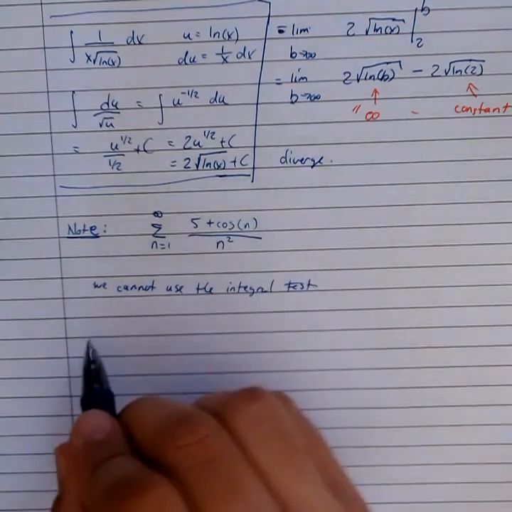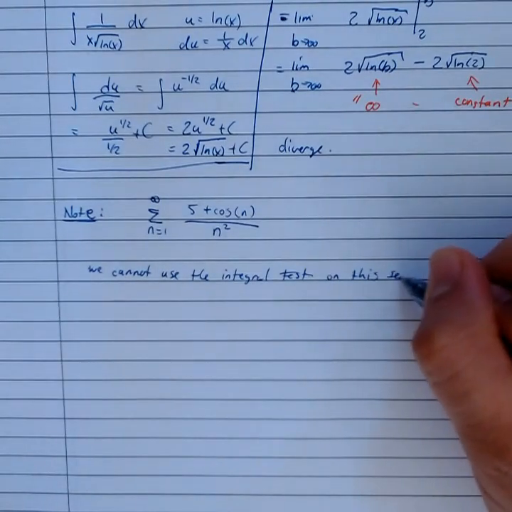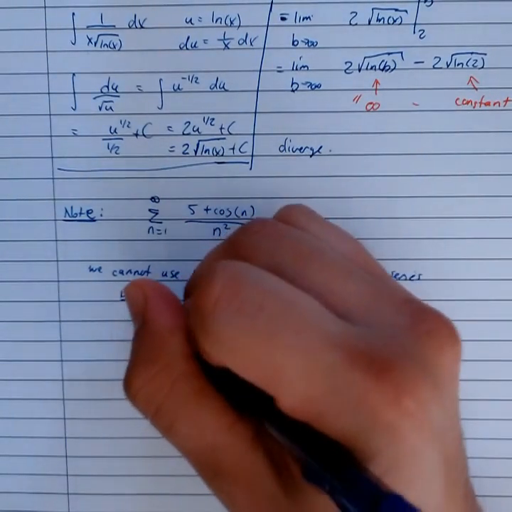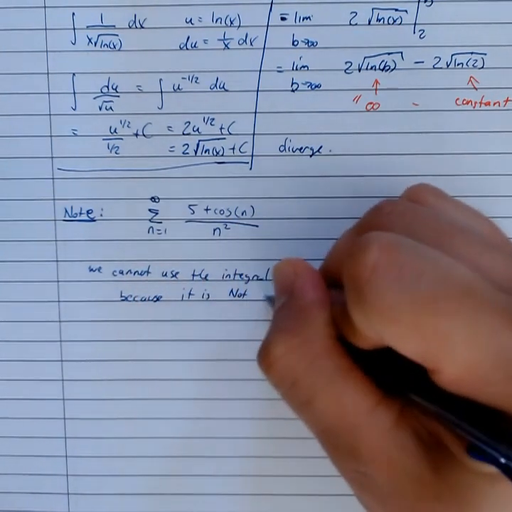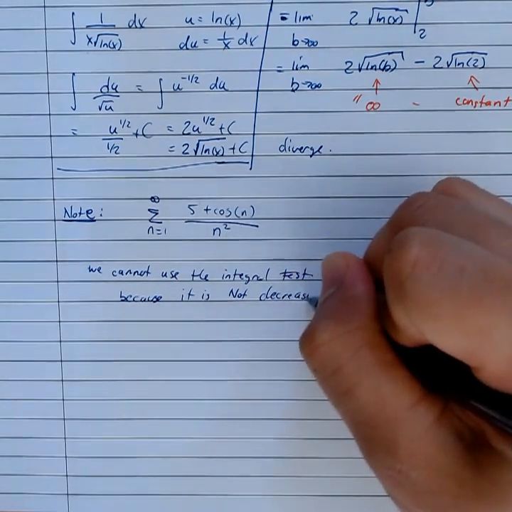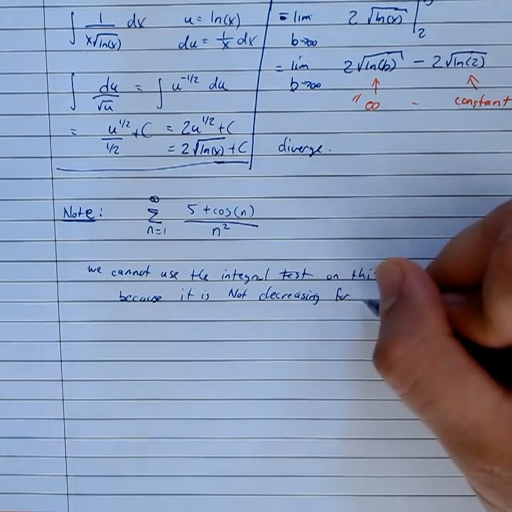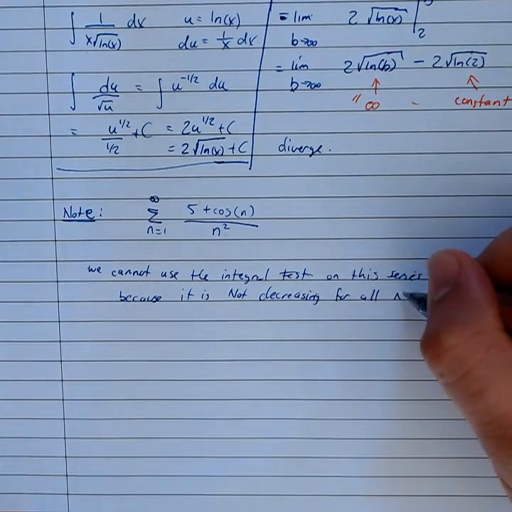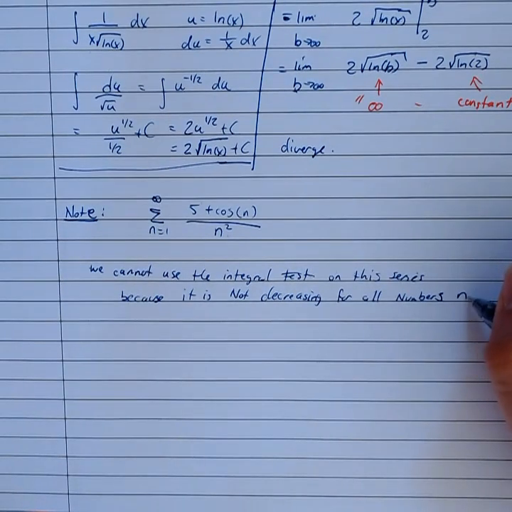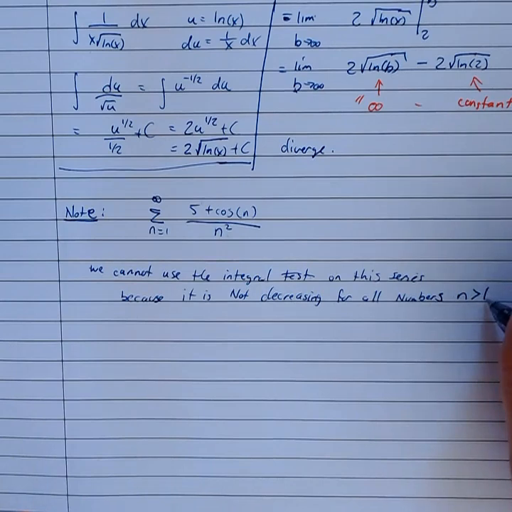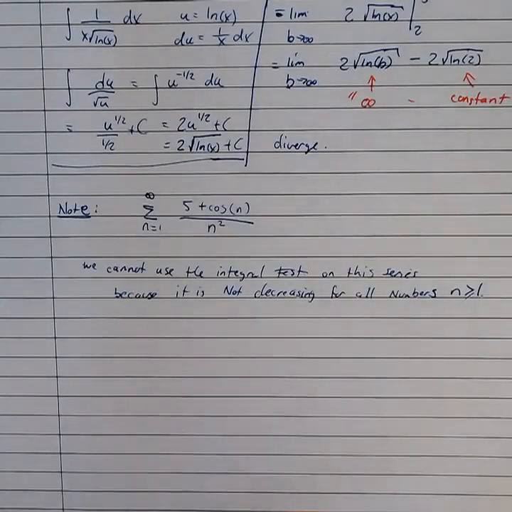So here, we cannot use the integral test on this series because it is not decreasing. At least not for every number n that are greater than 1. It oscillates. It goes up and down. So be mindful of that.